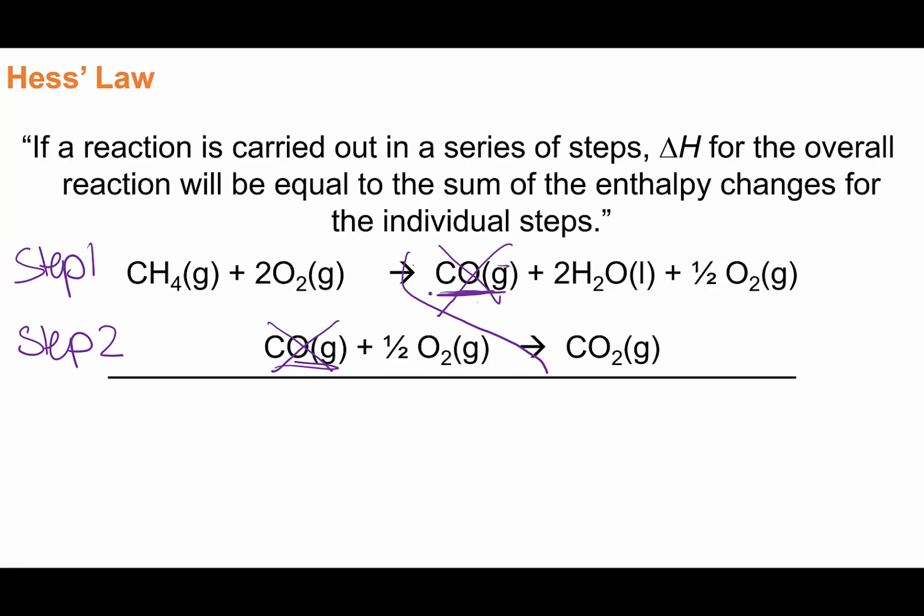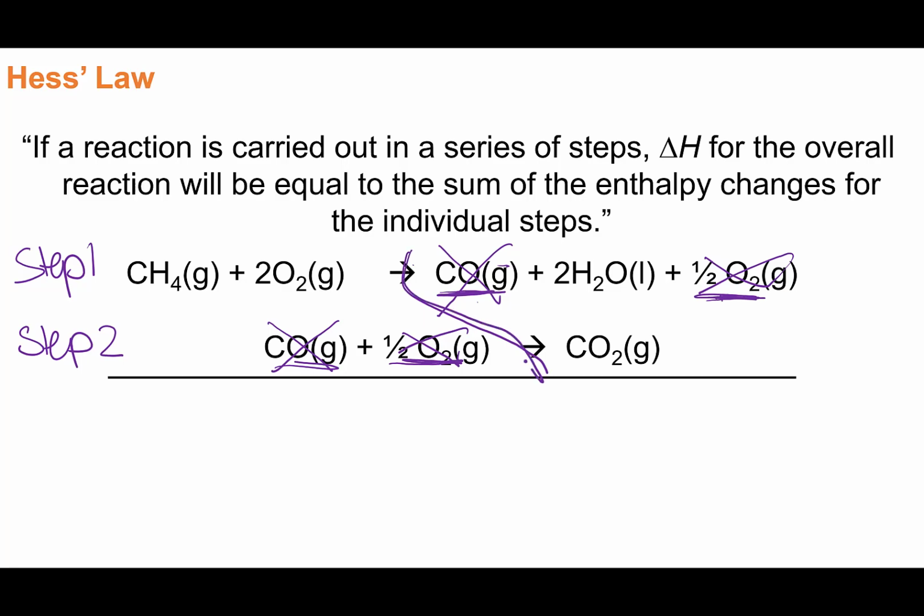So that's an intermediate. Here I see half a mole of oxygen is produced, and then a half a mole of oxygen is consumed. That's an intermediate. Okay. I don't think I see any more intermediates.